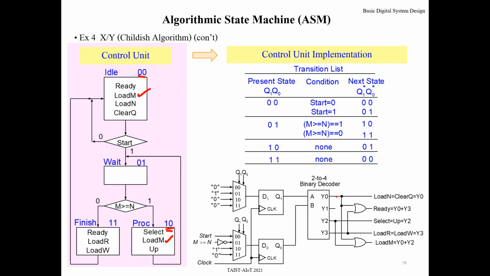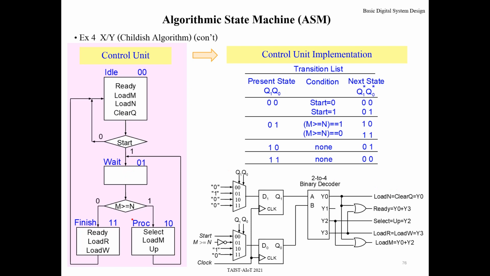That means you combine these two cases together by using an OR gate for load M. And the next signal, load N, will be active only at this state. Clear also, only this state. So at state 0 0, Y0 active, it should be used as load N and clear Q.